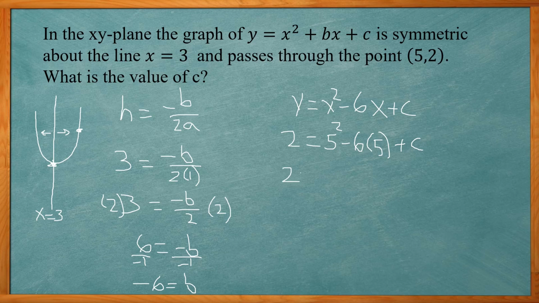So we get 2 equals 25 minus 30 plus c. And then 25 minus 30 is negative 5. And I want to add 5 to both sides. So you get 7 equals c. So our value of c is equal to 7.